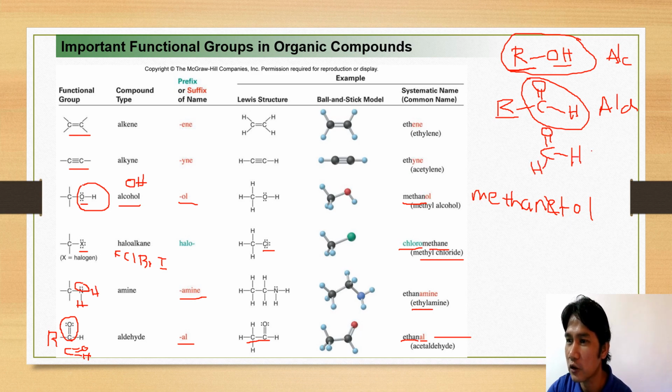So this is called methanal. Meth or methane, there's only one carbon, and then the functional group is the aldehyde itself. So for methanal, or for the aldehyde, you just have to determine the presence of the carbonyl group at the terminal carbon.